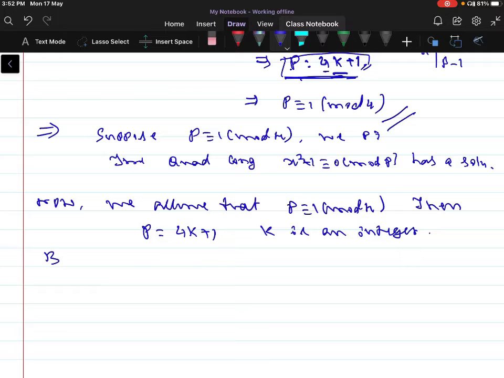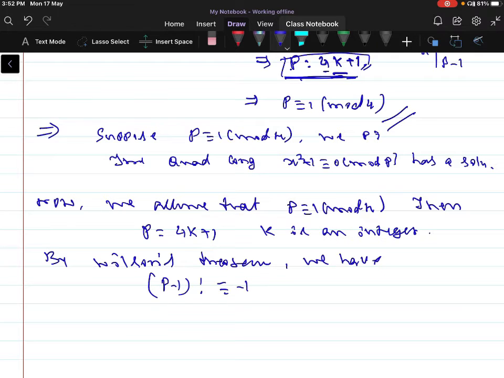By Wilson's theorem, we have p minus 1 factorial is congruent to minus 1 modulo p, where p is prime.